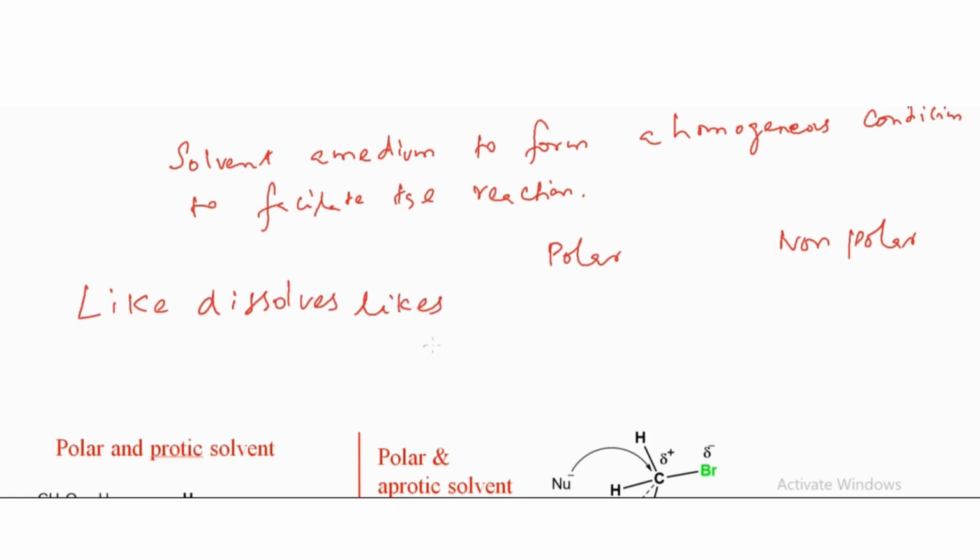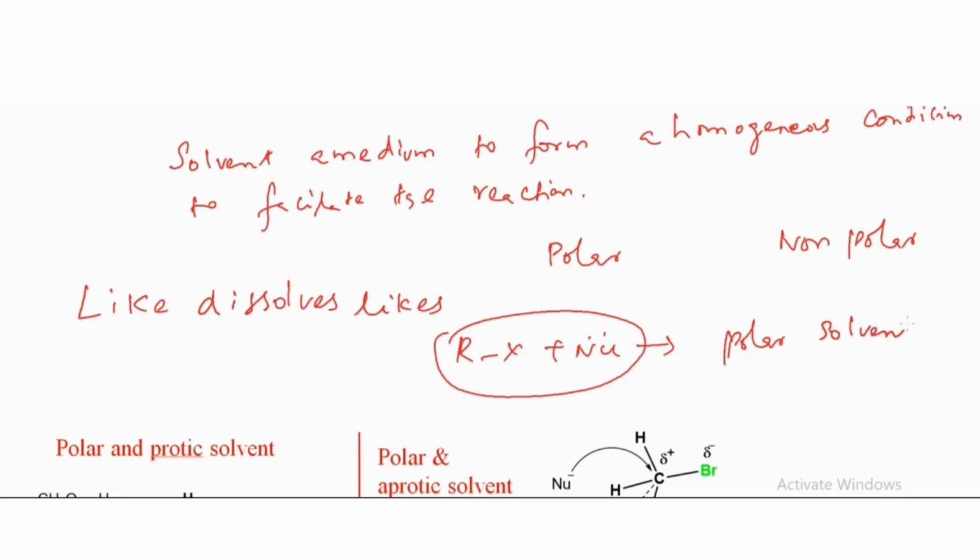In the reaction, the alkyl halide and the nucleophile are all charged or polar species. So these substrates can easily dissolve in a polar solvent. That's why we should choose a polar solvent for this SN2 reaction.